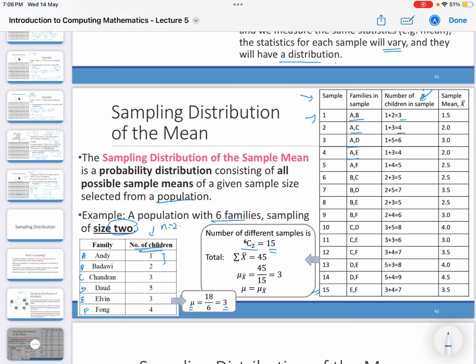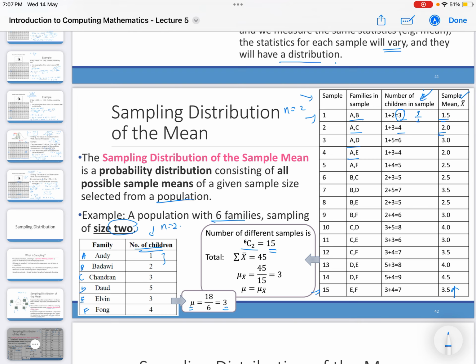Since n equals 2, the number of children now will be divided by 2. So 3 divided by 2 gives 1.5, and 4 divided by 2 gives 2, and so on. So the sample mean is the number of children divided by the number of families, which is 2. This sample mean has its own distribution. This is what we mean by the sampling distribution of the sample mean.